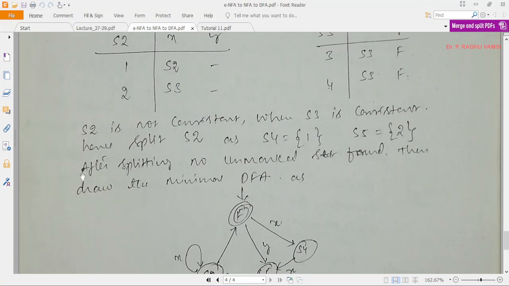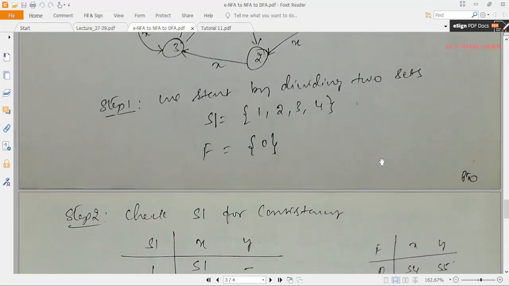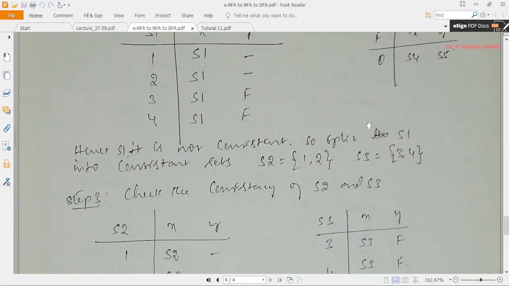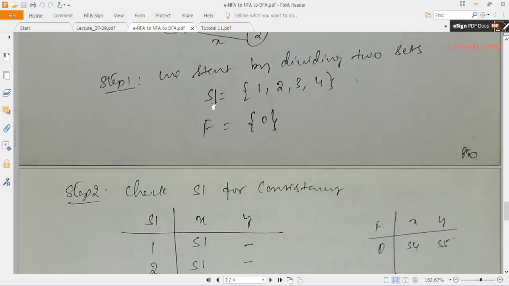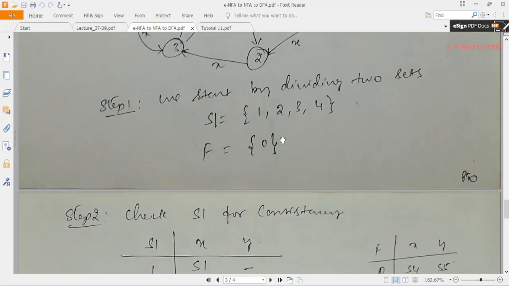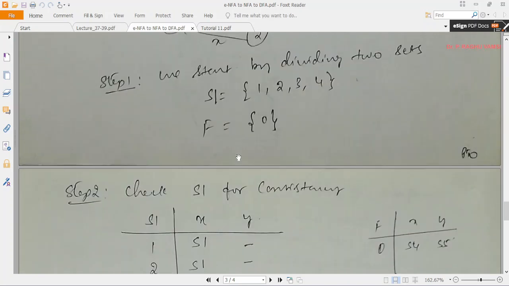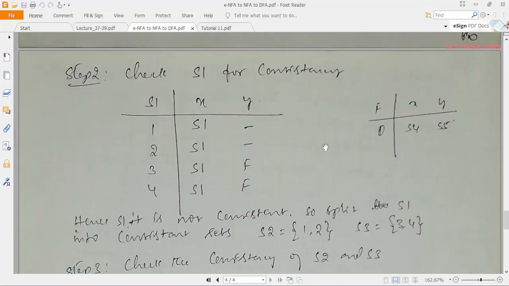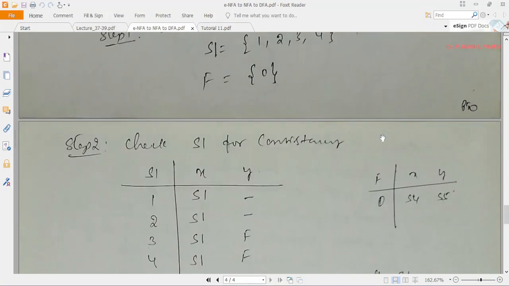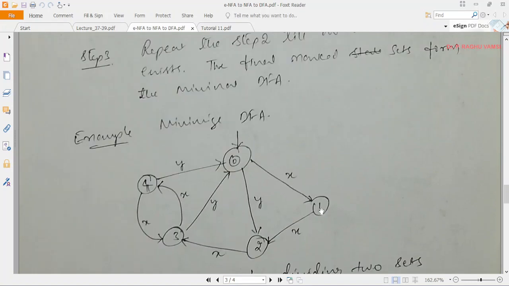Now after splitting, no unmarked set is found, because we have already marked S1 and also S2 and S3, but we didn't mark F. Now we'll consider F. In F we have only one state, called 0. 0 on X is going to 1.